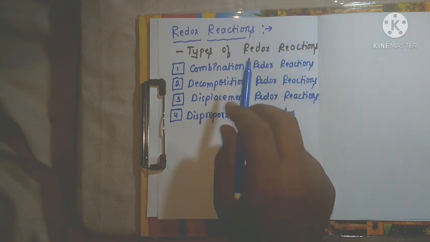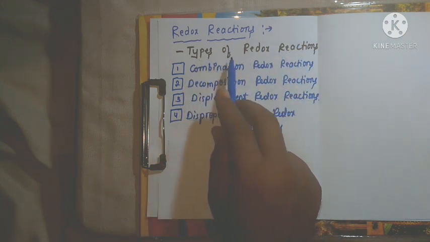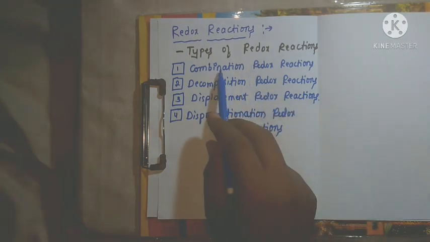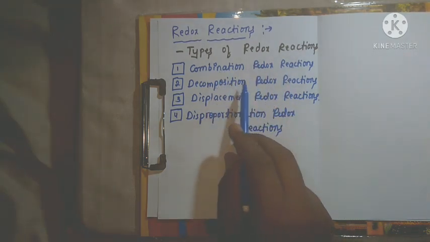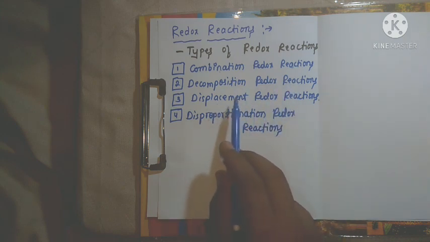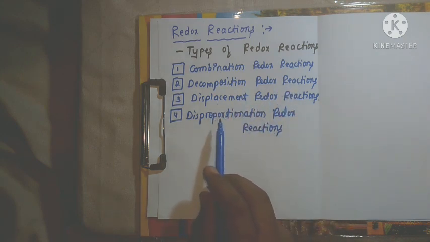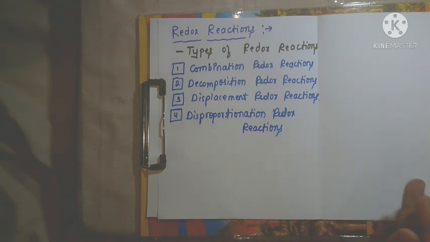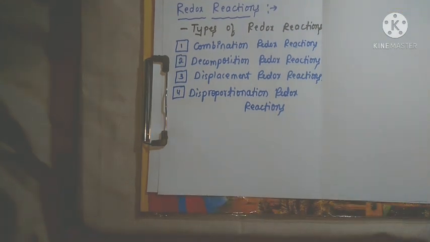But now we are going to discuss the types of redox reactions: combination, decomposition, displacement, and the last one, which is new, disproportionation redox reaction. We will start one by one. First we will start with the combination redox reactions.